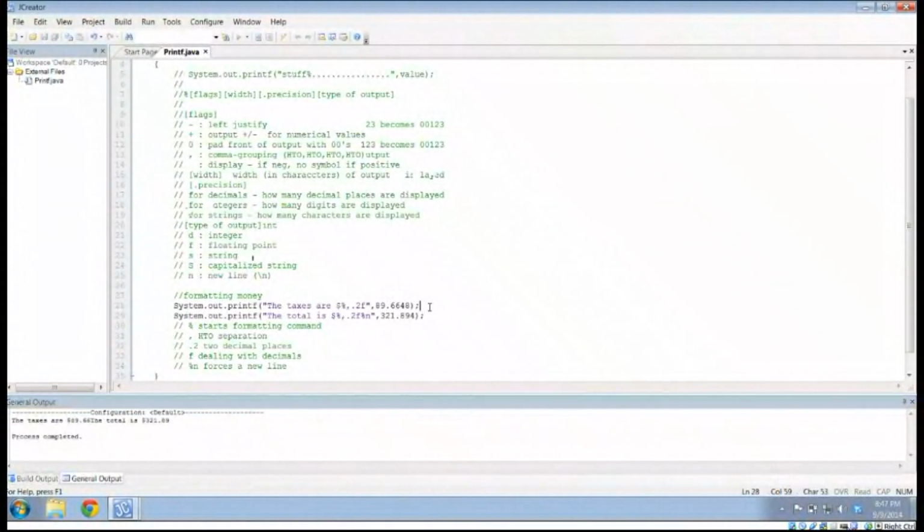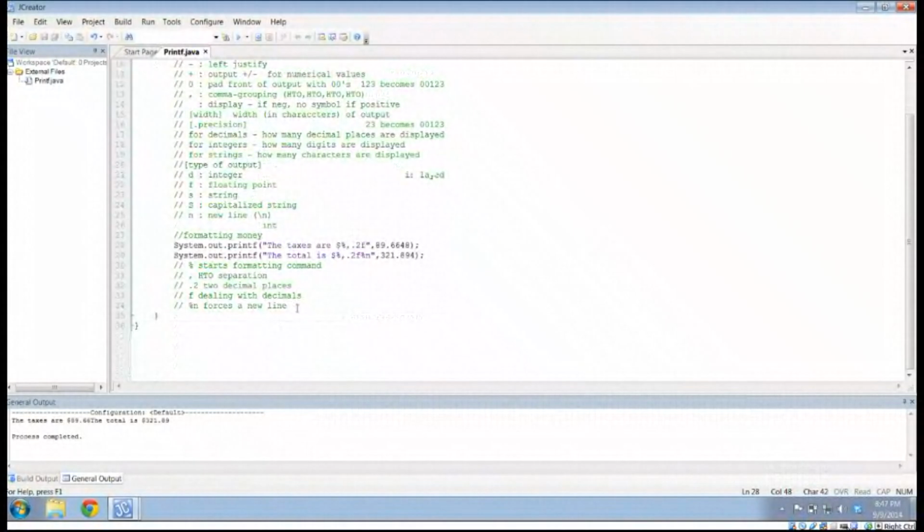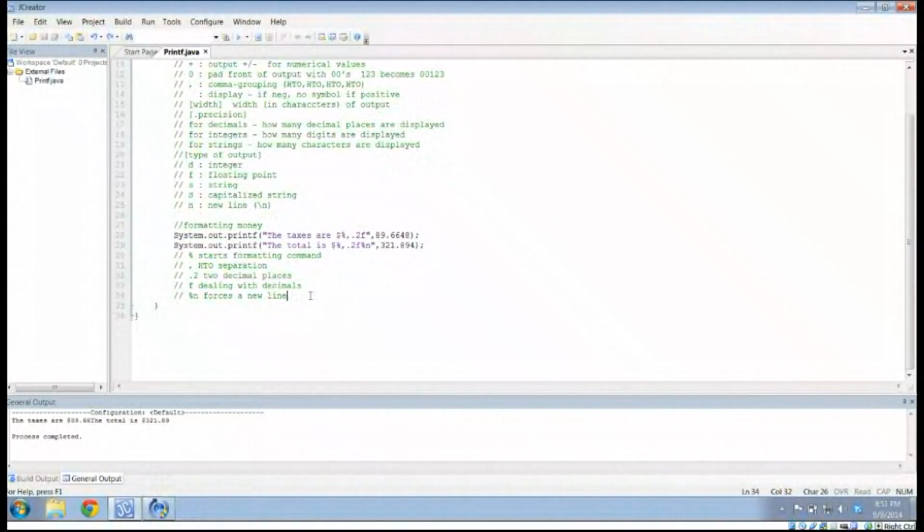And then if I run that, it actually ends up concatenating it together. So notice that it gets this concatenation. The only way that I force it to actually move the next line of output to a new line would be that %n. So I really do want that %n in there. So that's an example of how we deal with money. So the next thing I want to talk about is how to format a string.